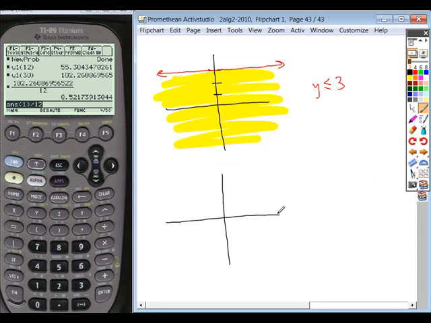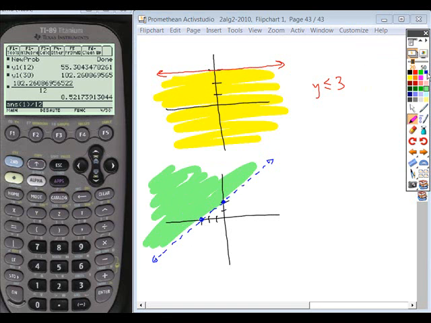Okay, what if I took this? And what would be the equation or the inequality that's modeled by this example?